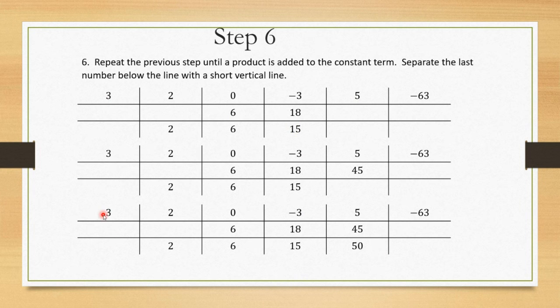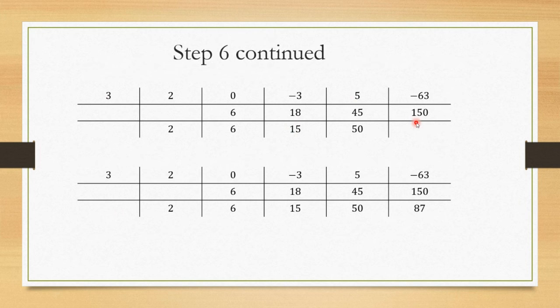So basically, with this number, you multiply, put the answer up to the right, and then add. Multiply, answer goes here, add. So what do we do next? Multiply, that gives us 150. We put it up here, and now we add. And that's what I'm doing here.